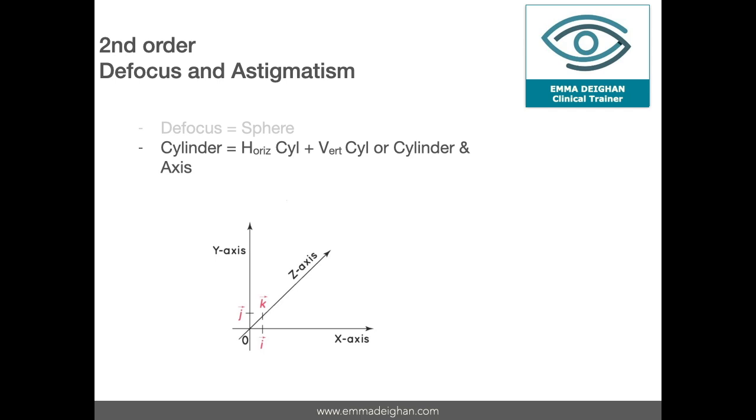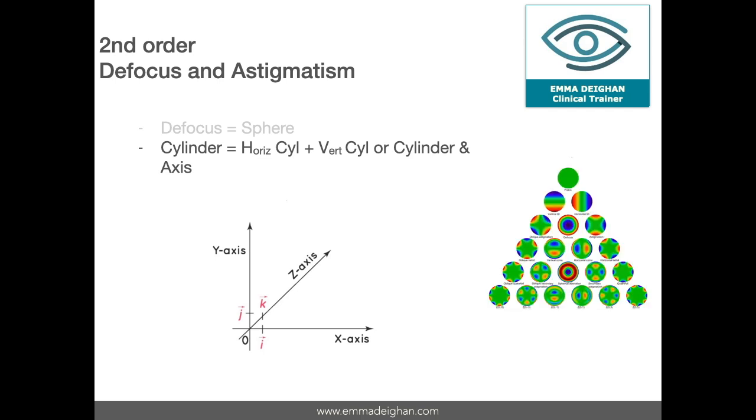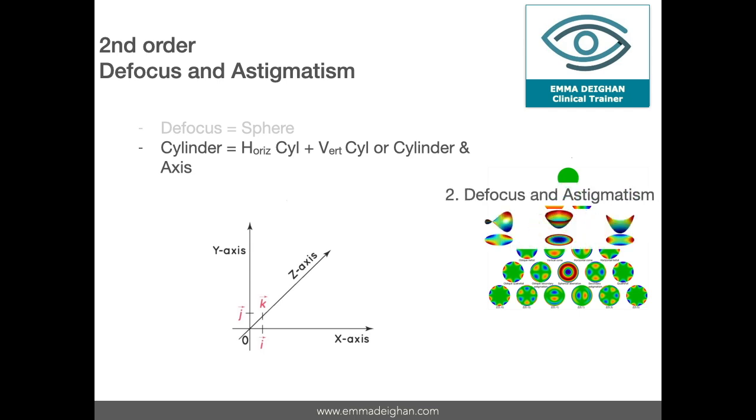For aberrations, the ANSI term is two terms, horizontal and vertical, but you may sometimes see them compressed to give one value. So I hope that's clear, but that's why on the pyramid with the second order, we've got defocus in the middle and astigmatism either side. Here we can see the spherical wavefront, and then we've got the cylinder in horizontal and vertical.